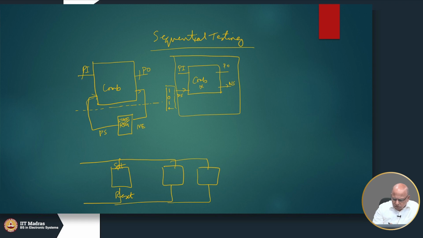I can preset all the flip flops to, let us say, all logic 1 state or all of them to the 0 state, but you really cannot assume that you can set and reset individually to whatever you want. Okay. You cannot say I want to set these two to 1, but I want to set this to 0.